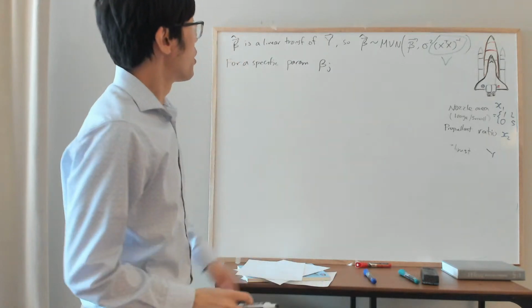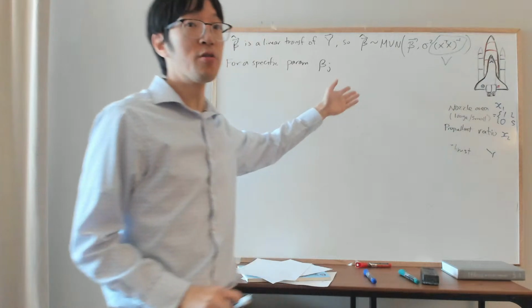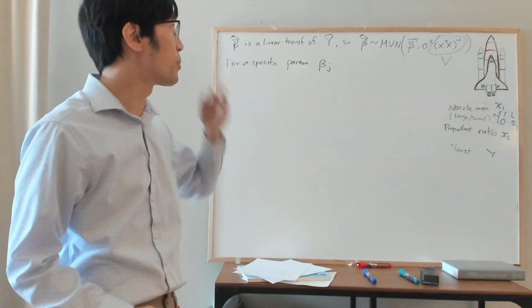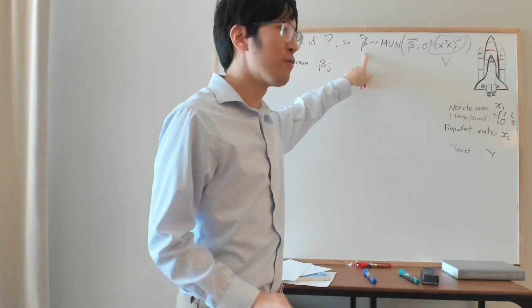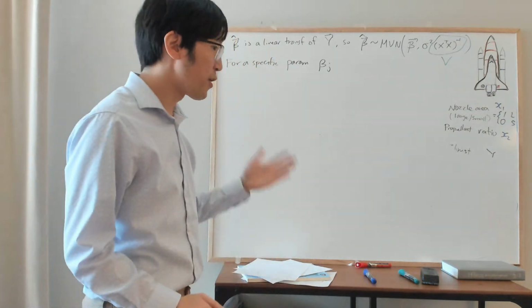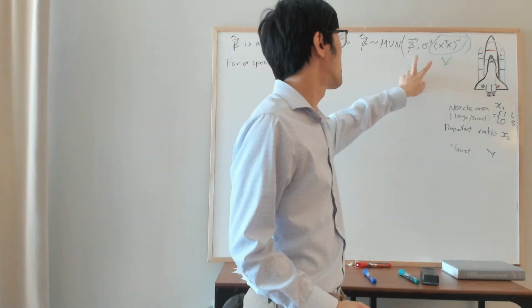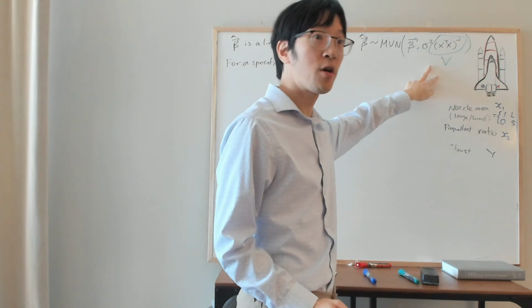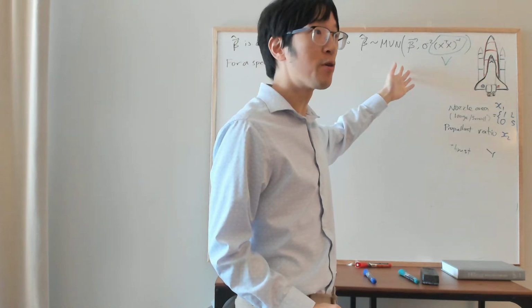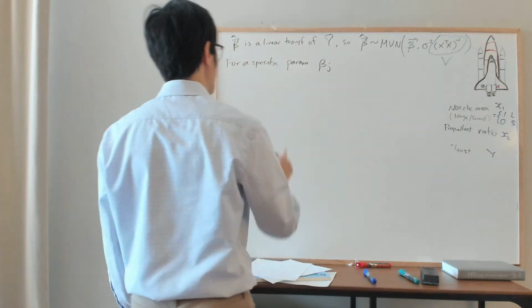A fact we stated about the multivariate normal last time is that the marginal, so you take any individual component in this random vector, will have a normal distribution with the mean and variance. You just have to pull out the corresponding entry from the mean vector and the covariance matrix. So for example, beta j.